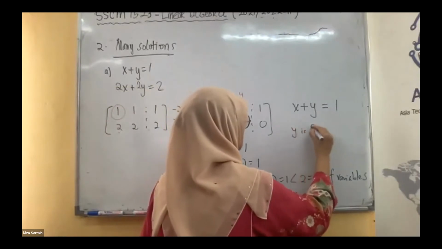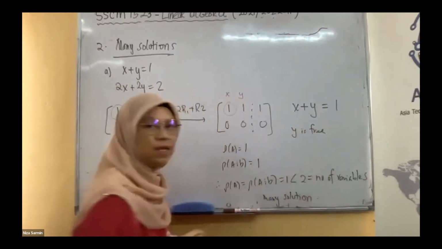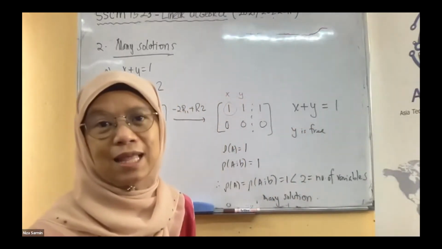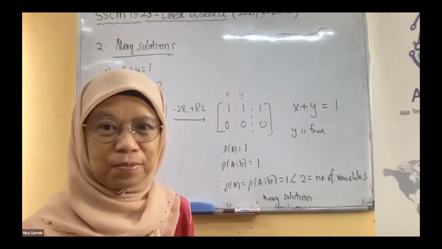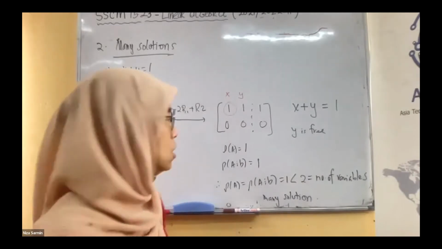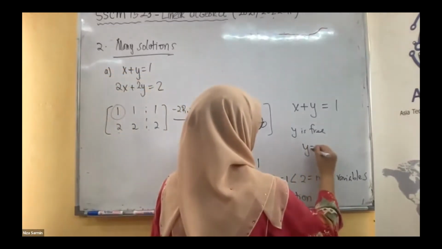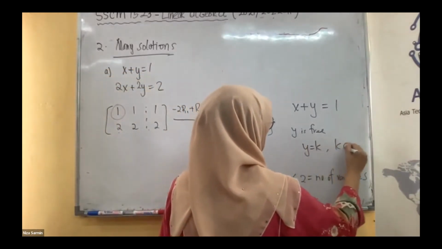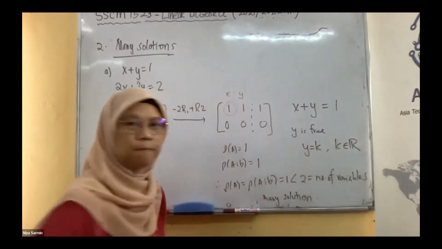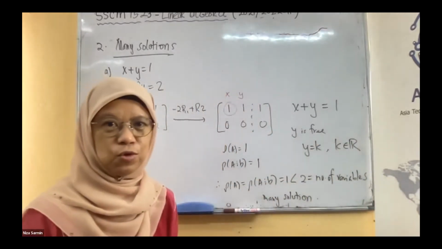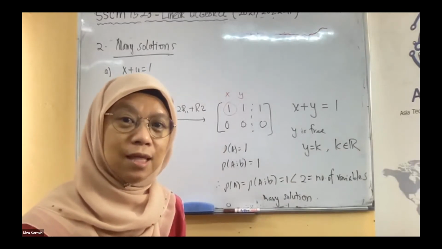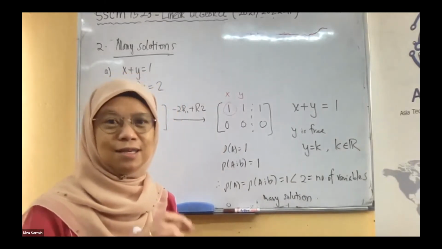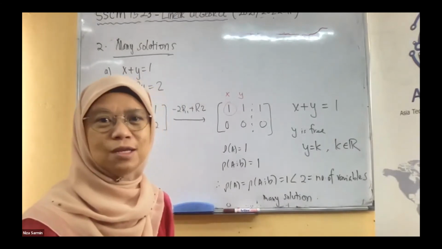Y is free, which means it can take any number. So Y is K, K in R. This is very important for you to understand. It does not mean that the first one is the fixed one and the second one is the free one.